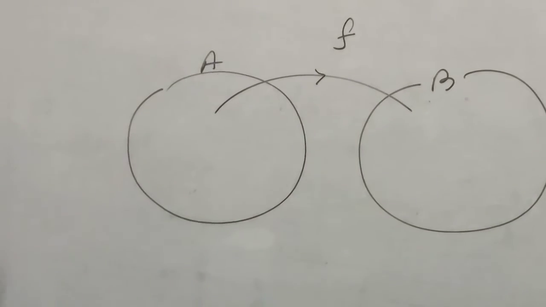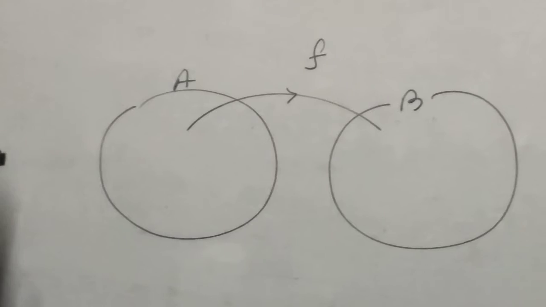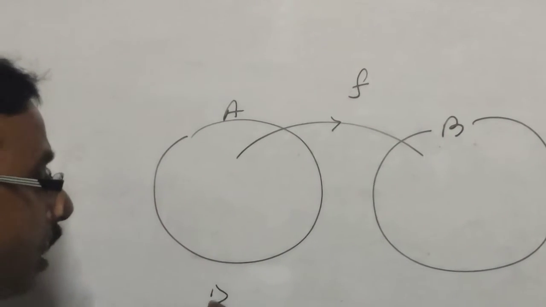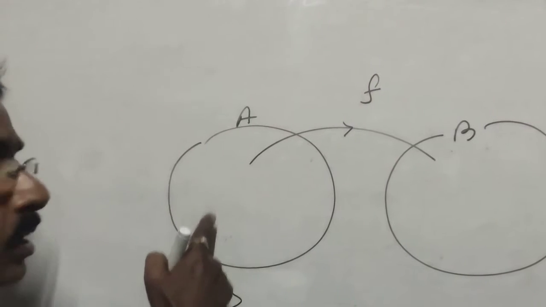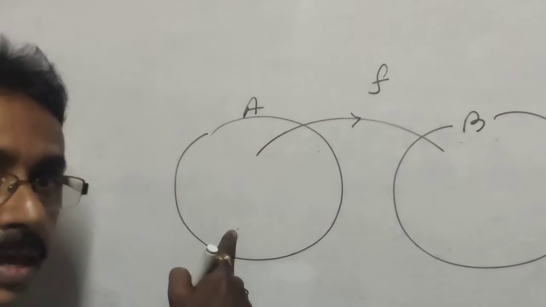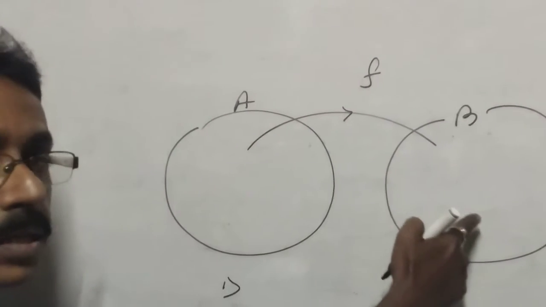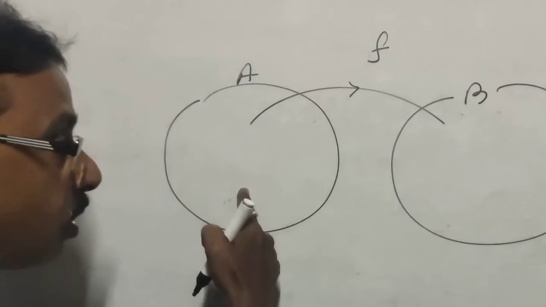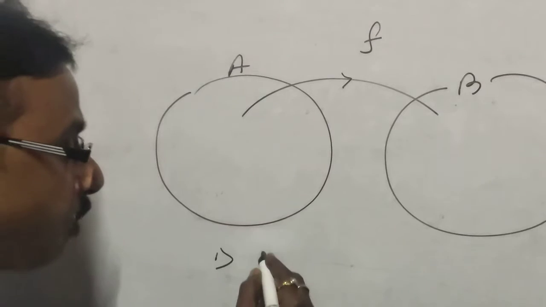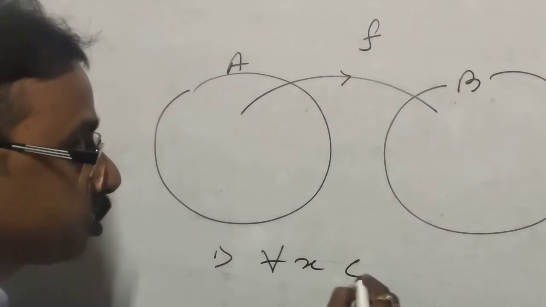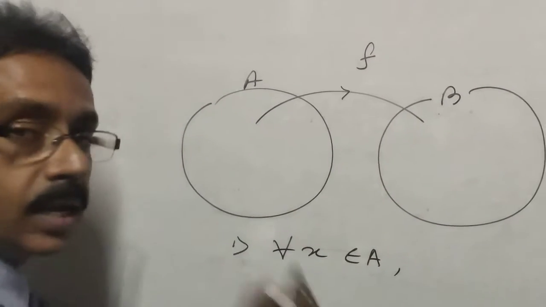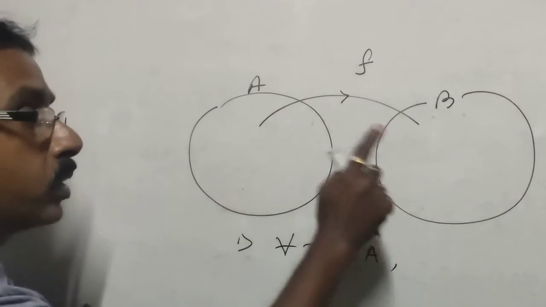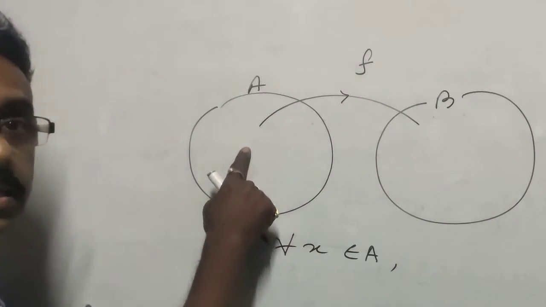This relation f is said to be a function under two conditions. Number one, each and every element of A has an image in the set B. That means for all x belonging to A, there exists at least one element in the set B which is an image of this element.